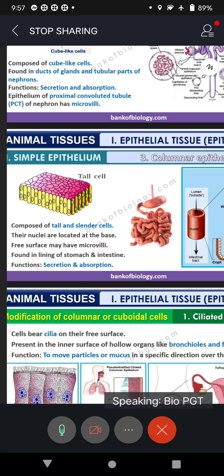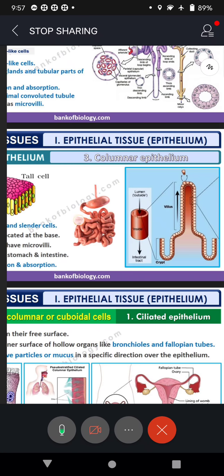And the free surface may have microvilli, hair-like structures will be there. Just now I have shown you microvilli. And it's found in the stomach, intestine. So, thanks to this tissue, columnar epithelial tissue, we are able to do both secretion as well as absorption. Let us see the figure here.